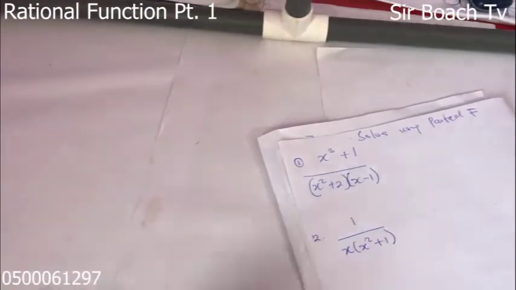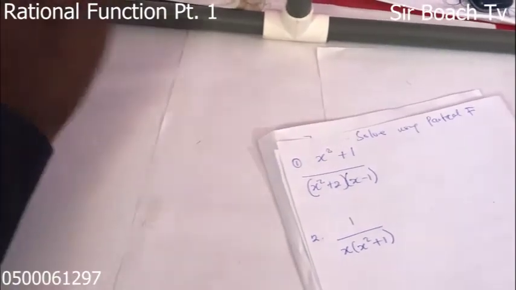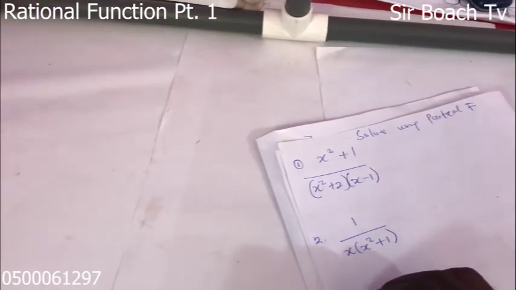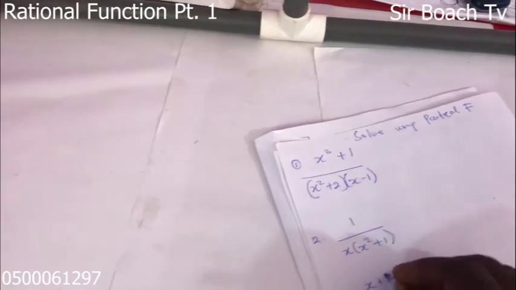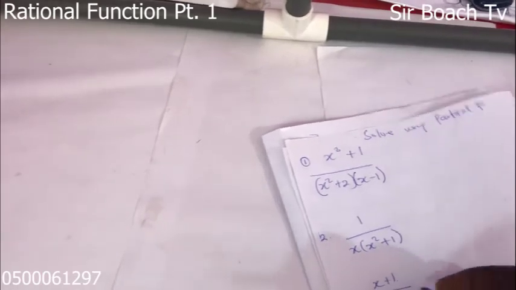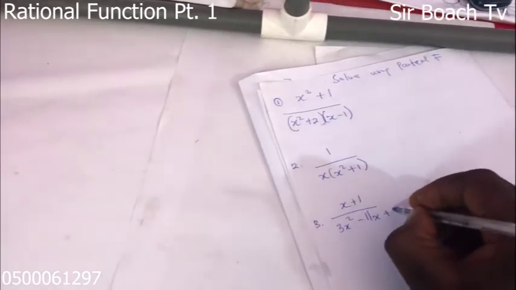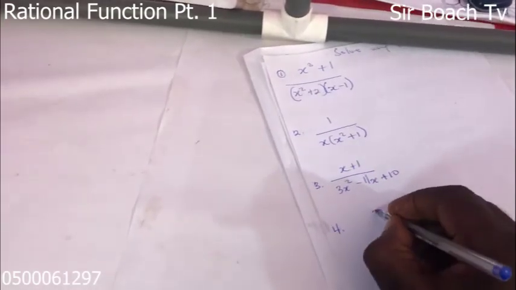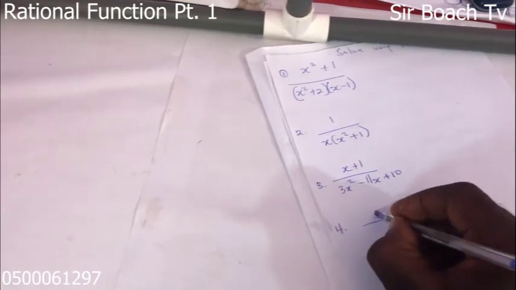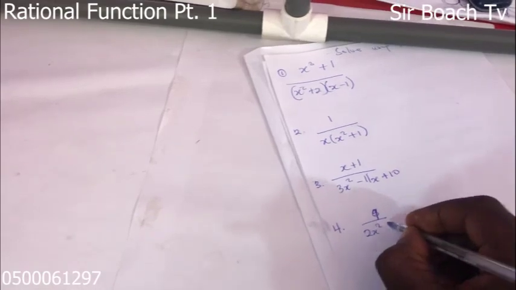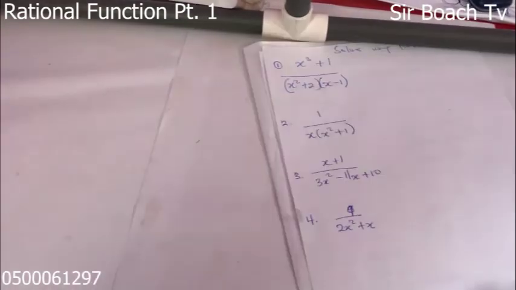That's another one. Then also we have question 3 to be x plus 1 on 3x squared minus 11x plus 10. Then our number 4 for the day will be 9 over 2x squared plus x. So this is what we have.